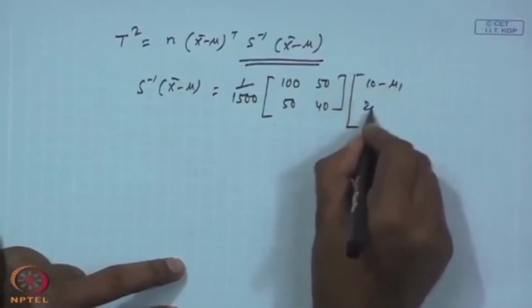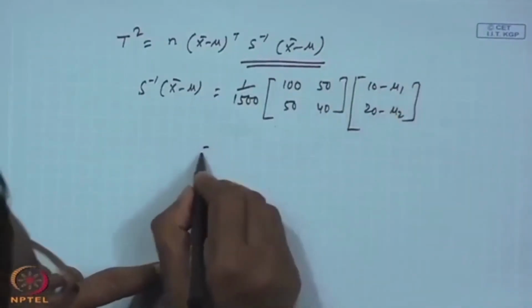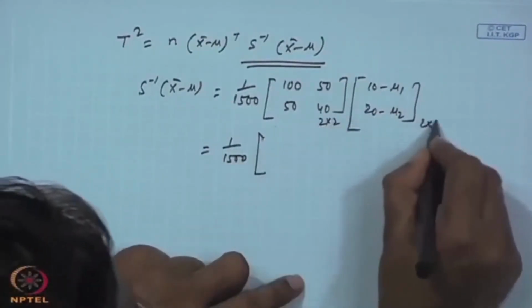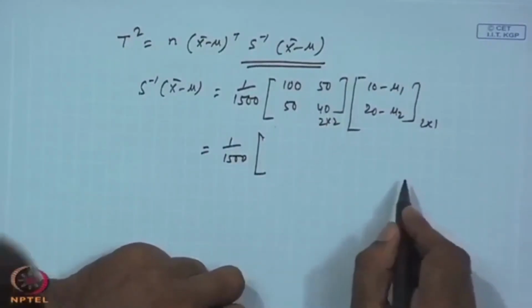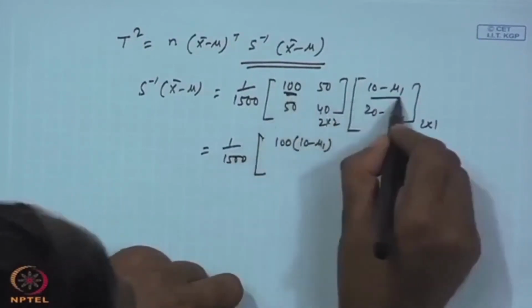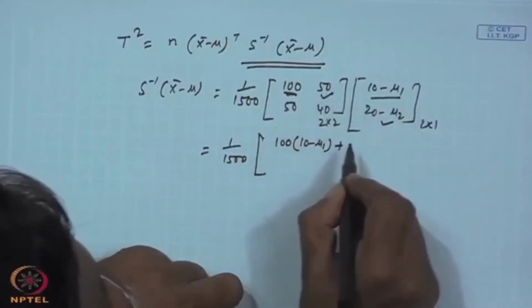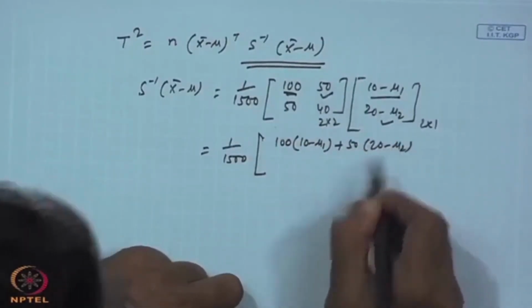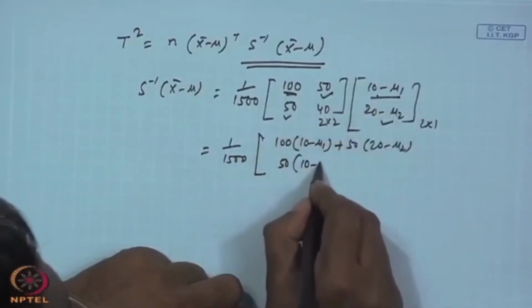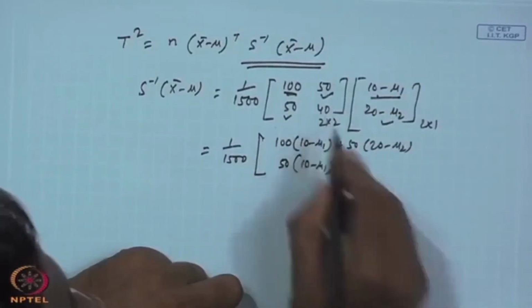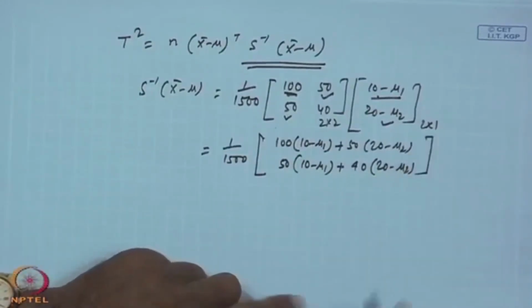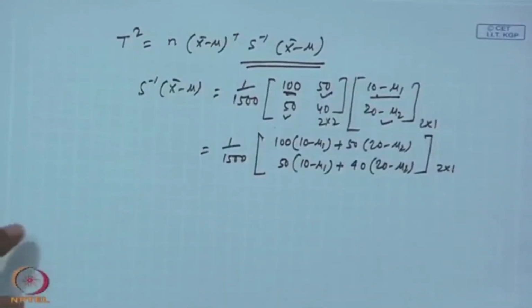This is a 2 cross 2 matrix times a 2 cross 1 matrix, so your resultant will be a 2 cross 1 matrix. So, 100 into (10 minus mu 1) plus 50 into (20 minus mu 2), then again 50 into (10 minus mu 1) plus 40 into (20 minus mu 2). So, this is our 2 cross 1.